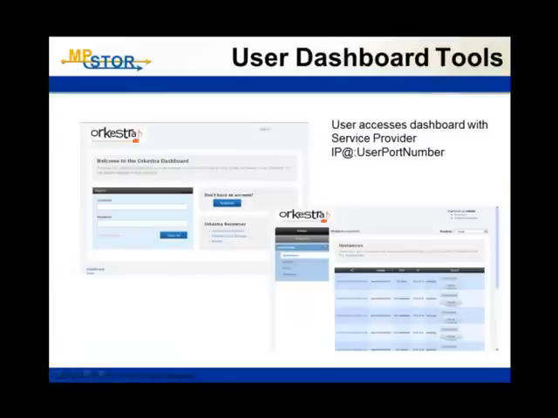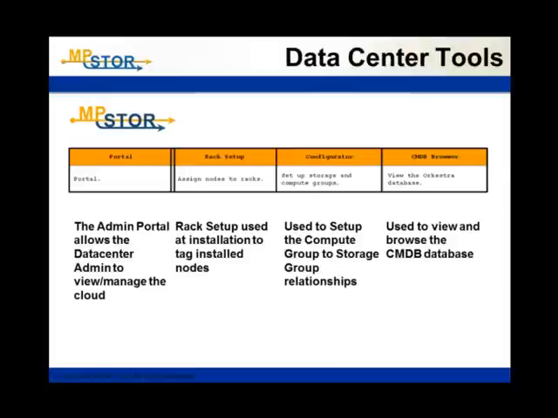All of these can be selected independently, and you have additional features such as backup, snapshot, and replication as part of the package. The user also has his own dashboard, which is quite similar to the OpenStack dashboard, except it has been enhanced with features that aren't available in standard OpenStack. MPSTOR has enhanced this with additional features for the user.